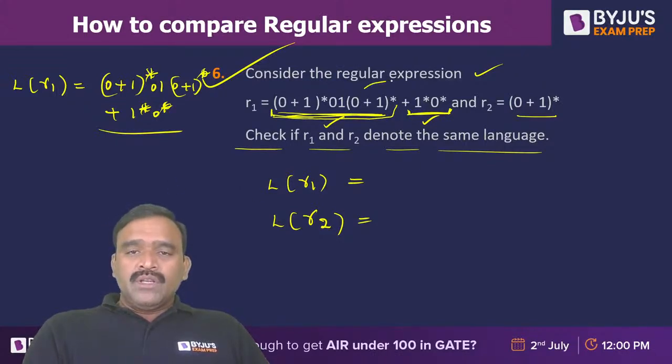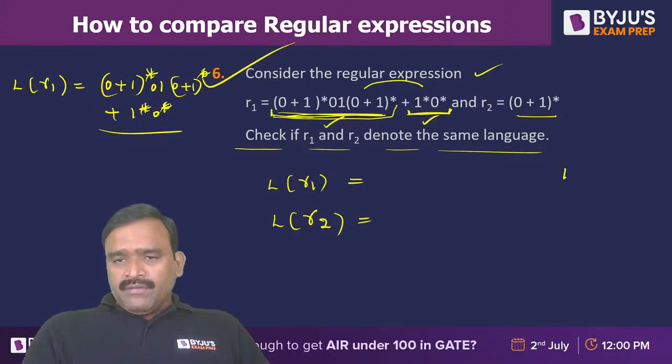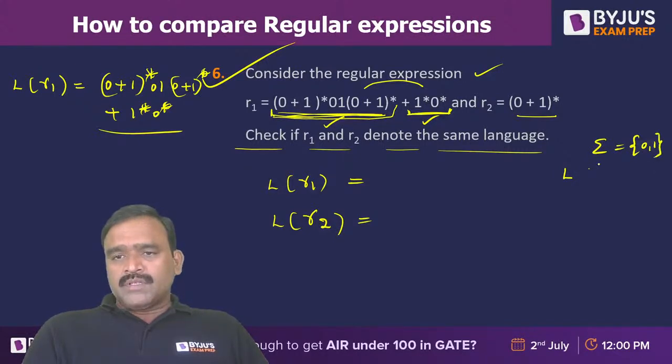But when you take the union of these two, it will become sigma star, because any language defined over alphabet sigma equal to {0,1} is a subset of sigma star. Am I correct?